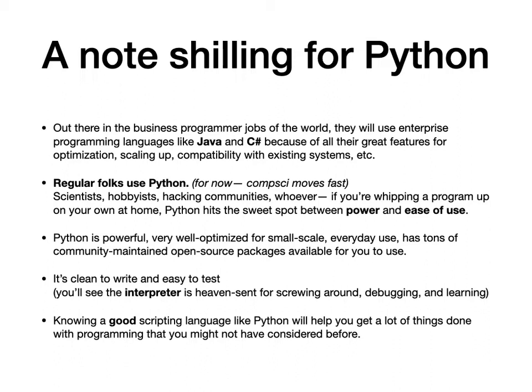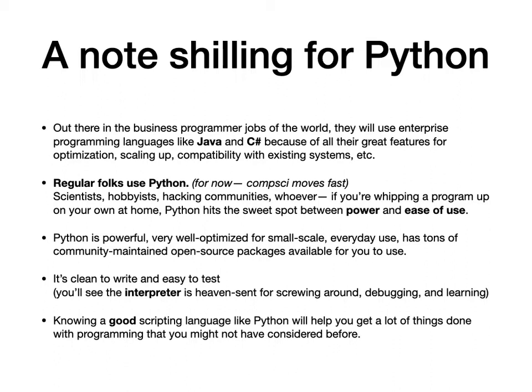Here's the thing. Regular folks use Python. At least this decade they do. And what do I mean by regular folks? Well, even scientists, my kind, we're not hardcore programmers, but we need to know how to program things. We need to be able to whip up information processing tools on a whim when we need them.